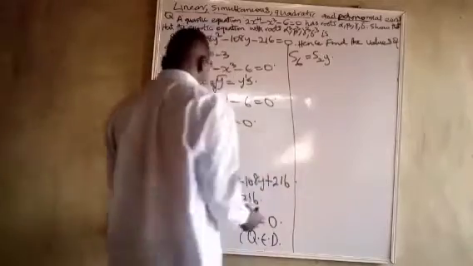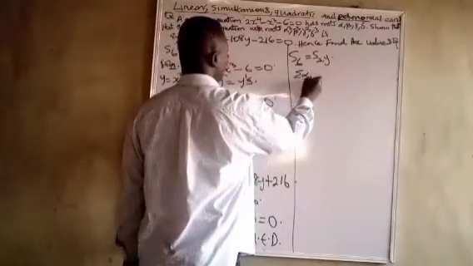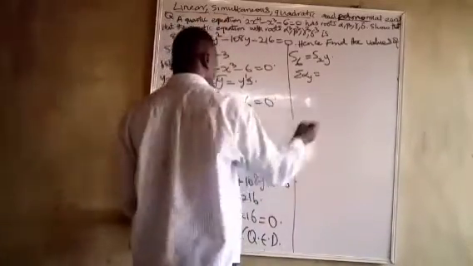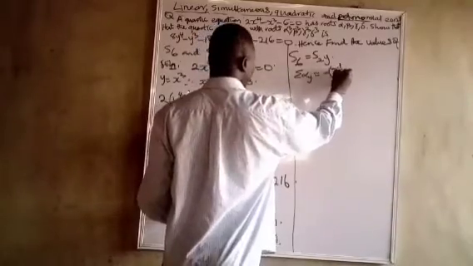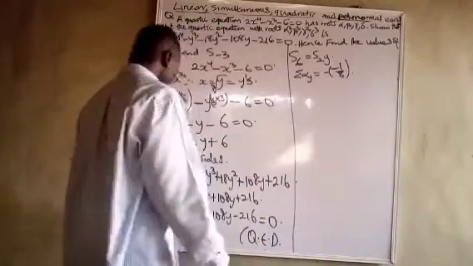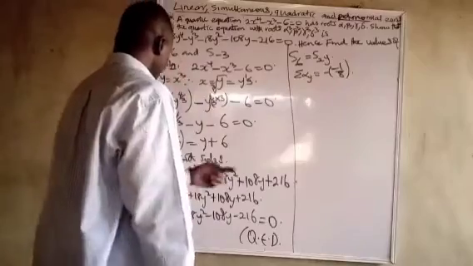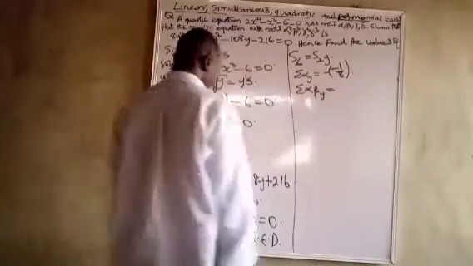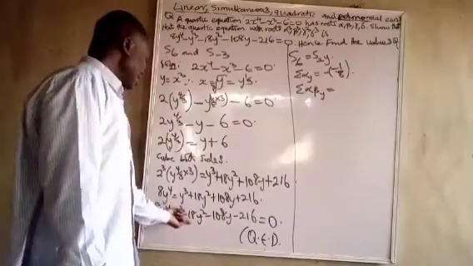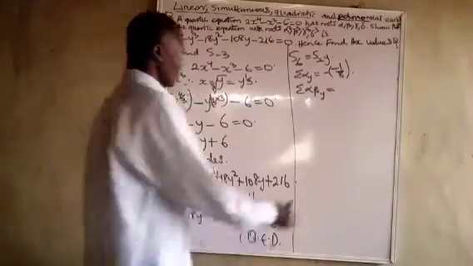And I can now say, for this place, summation alpha y is equal to minus into minus 1 over 8. That's summation alpha y. And then summation alpha beta y is going to be minus 18 over 8.